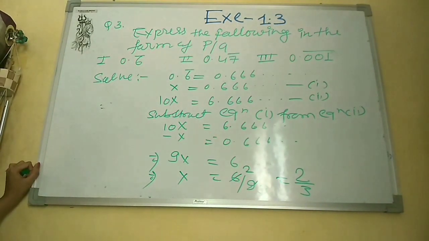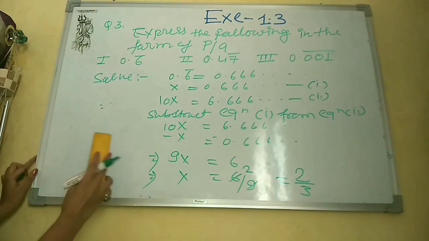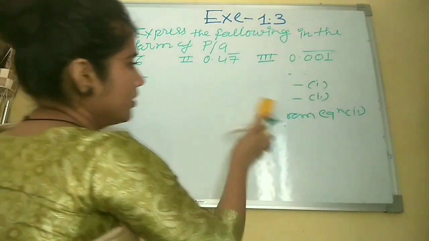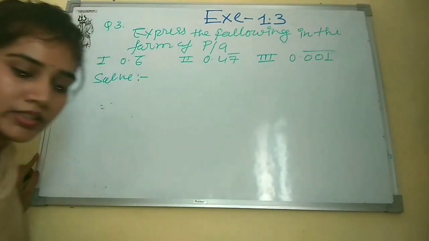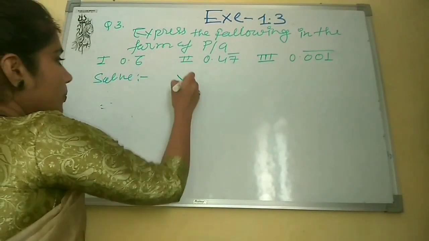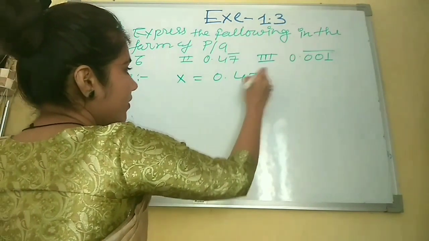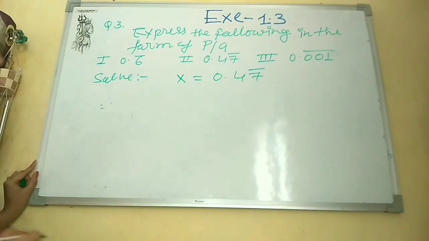Okay. Now the next question is 0.477... The 7 is in a repeating form because 7 has a bar. So let's assume this is x, 0.47 bar.